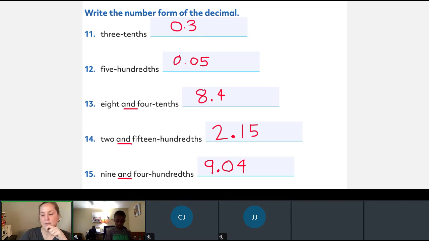If you're writing on your own paper, you can go ahead and number the rest of your paper. 16, 17, 18, 19, 20.